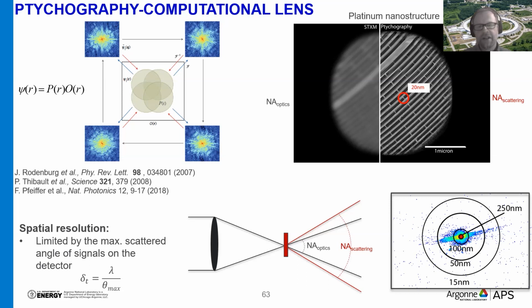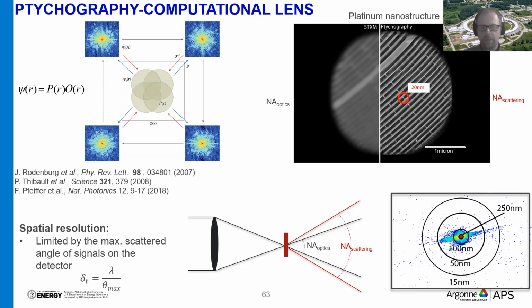And this is really this ptychography concept, or lensless imaging. In reality, we're still using a lens, but it's not determining the spatial resolution. So what you can do is, instead of imaging the sample point by point, or in a single full field image, you're collecting a diffraction pattern. You see a typical example of such a diffraction pattern on the bottom right-hand side, and you can see the scattering from the sample going out fairly far.